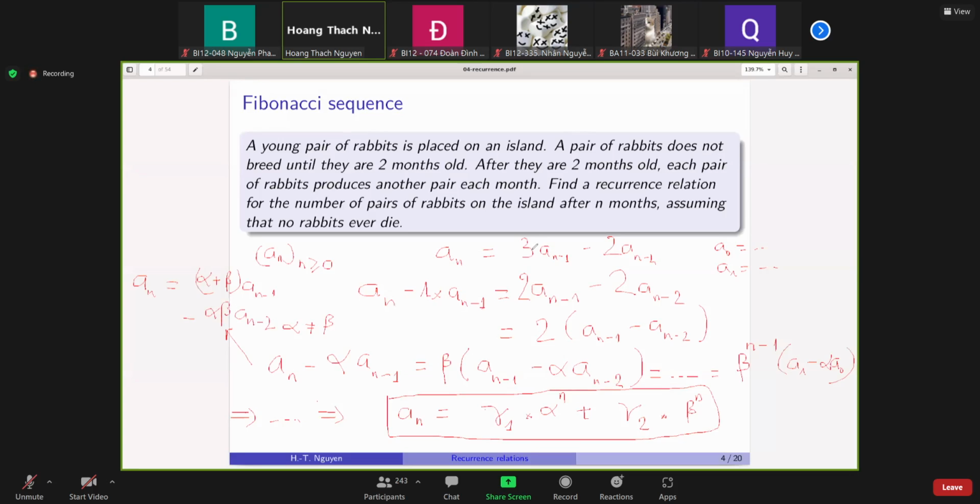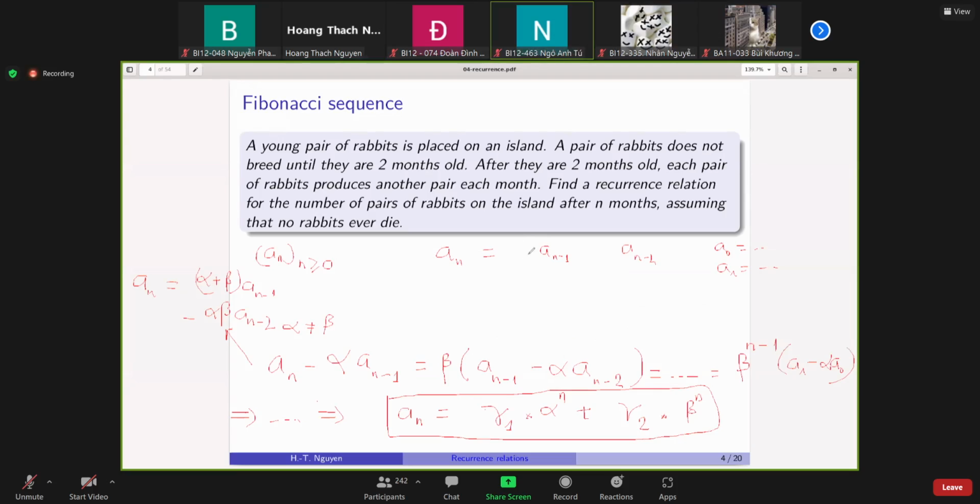And if you plug it into the original relation, let's say that here we have C1 plus C2, then this will give you alpha + beta = C1 and alpha beta = -C2.